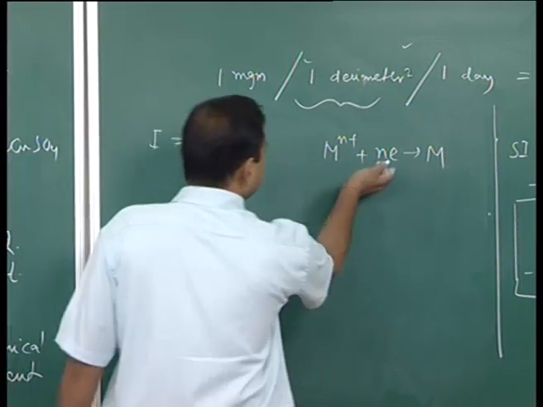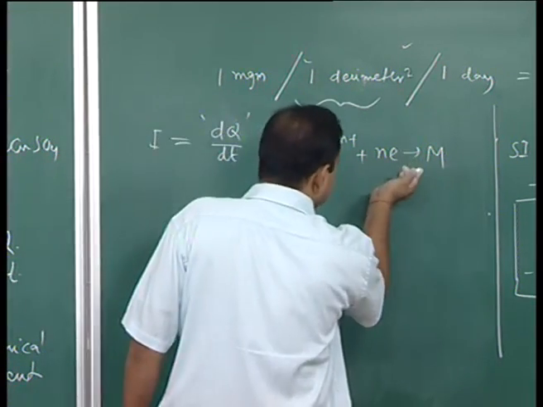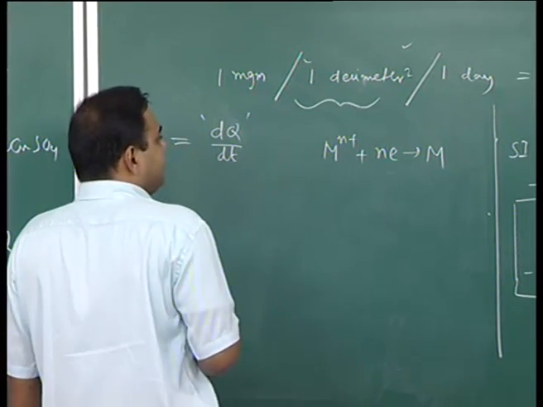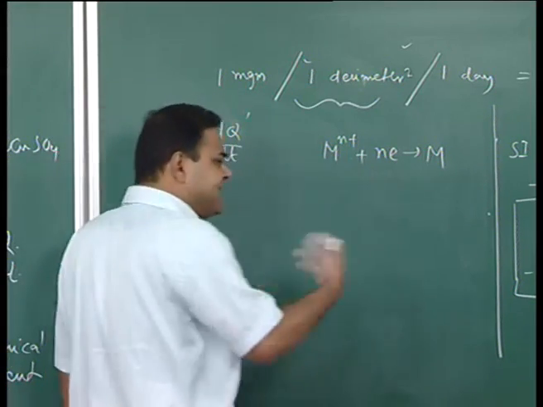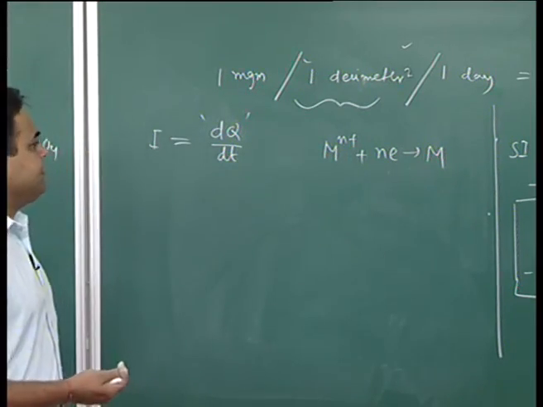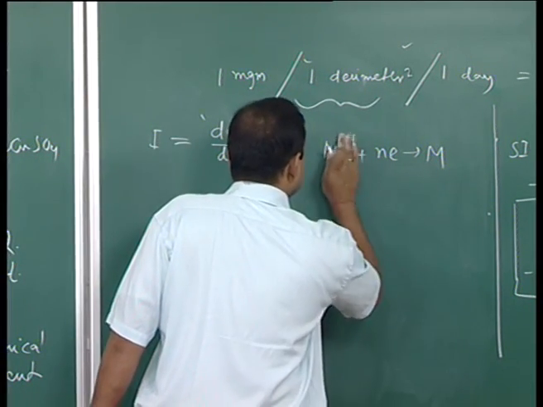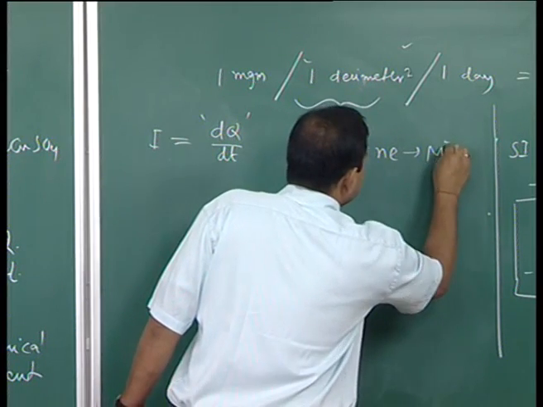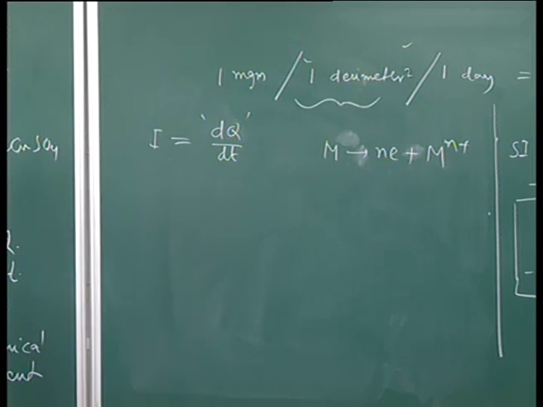Now, this is a reduction process. But we are concerned with the corrosion. So, instead of reduction, let us write it in the other format where the metal will be dissolving in the form of M^n+ ion, and then n number of electrons will be released. So, let me put this reaction in the other format: M goes to M^n+ plus n e.